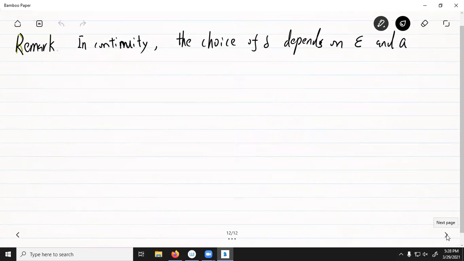So now we have another one, which is called the uniform continuity, right? The uniform continuity says the choice of delta only depends on the epsilon. It has nothing to do with the position, okay?